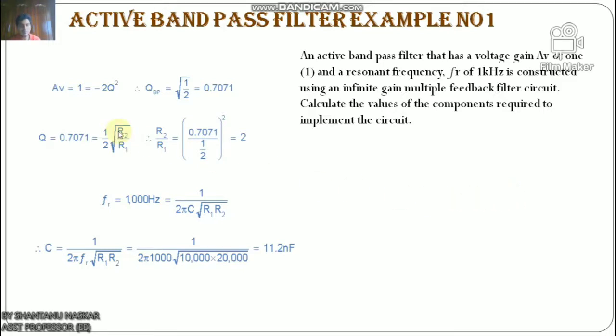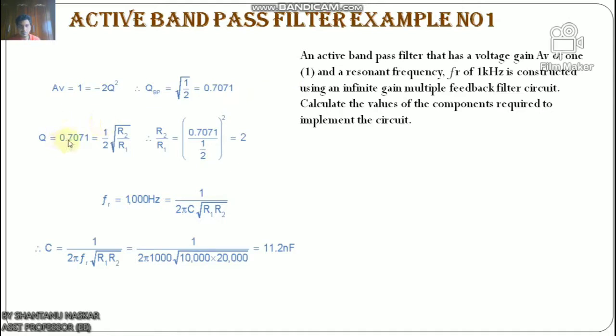So AV equals 1, the voltage gain is 1. Okay, so 1 equals minus 2 Q squared by using the formula. So Q equals root over 1 by 2, which equals 0.7071.